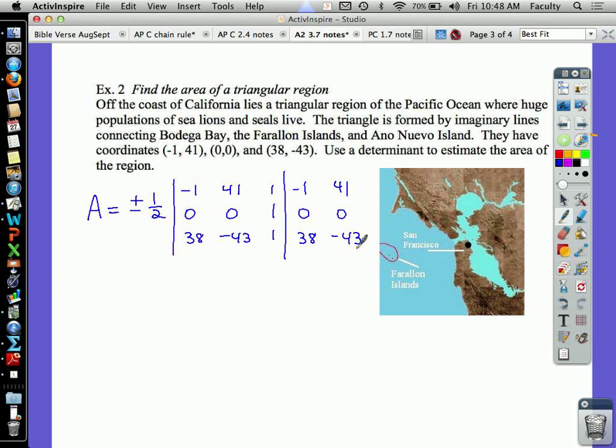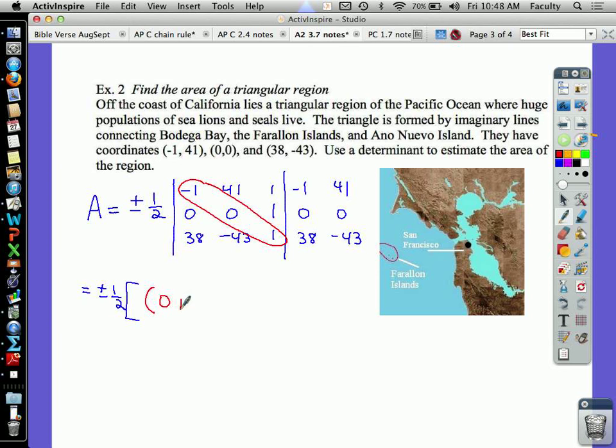And I want you guys to follow me. Don't jump ahead, because I want to show you some important notation. When you're doing this, the plus or minus 1/2 needs to be in front of everything. So we're going to actually insert a big bracket, and then do my down diagonals, and I'm using a different color so you can see.